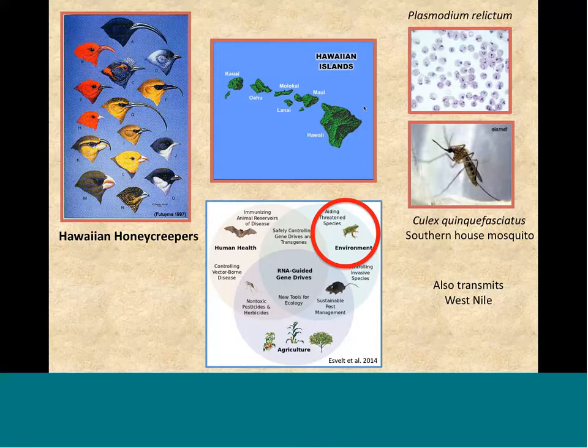So the goal of some researchers is to engineer this Culex mosquito that transmits the plasmodium so that it will no longer be able to transmit it, or to engineer it to decrease its populations. That is something that's ongoing and could be quite useful.